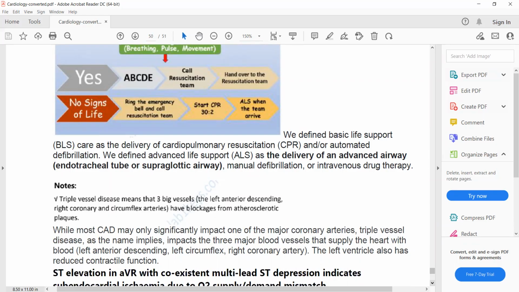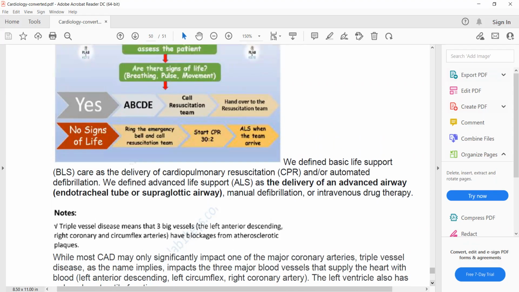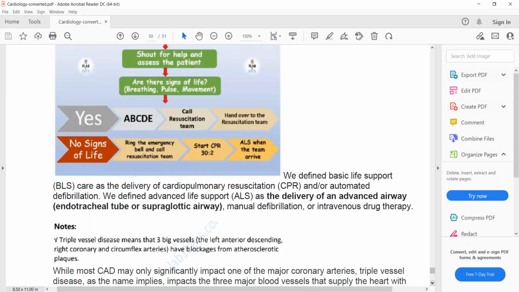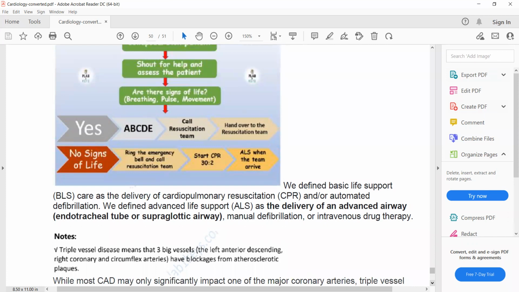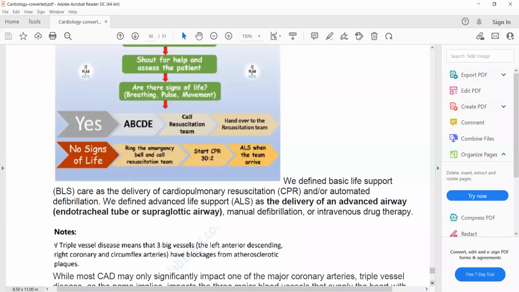CPR is basically basic life support, and advanced life support means endotracheal intubation and other management. And if there are signs of life such as breathing or pulse is present, then you will follow the ABCDE approach, call the resuscitation team and hand over to the resuscitation team when they arrive.